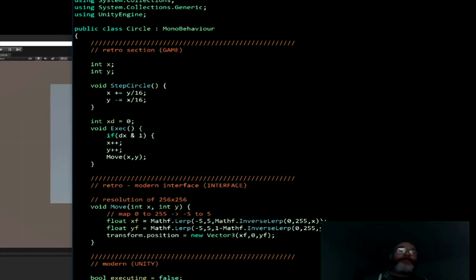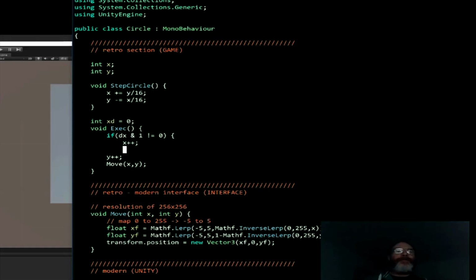If xd, I'm going to go really retro, and 1, that means if bit 0 of dx is set, so is that not equals 0? I'm not writing in C right now, there we go. And then you would add 1 to x, which I might as well just do in there, just to annoy the hell out of people.